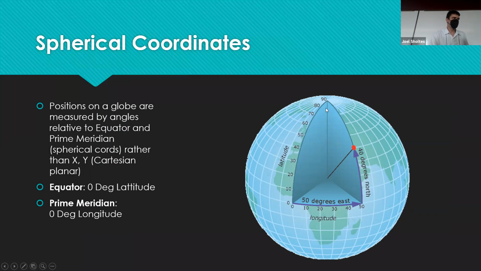So we have positions on the globe, and everything is essentially a vector with degrees east and north, or west and south, from the center of the planet. And of course, 0, 0 is at the equator and the prime meridian.